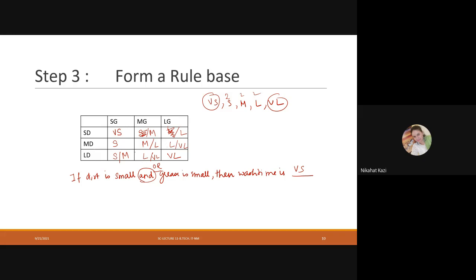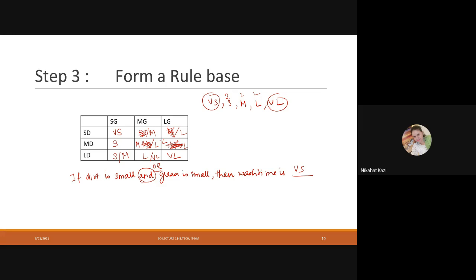If I keep this as large, this will become definitely very large. If I keep this as medium, then this will become large or long wash time, right? So I'm choosing this as medium and making this long.